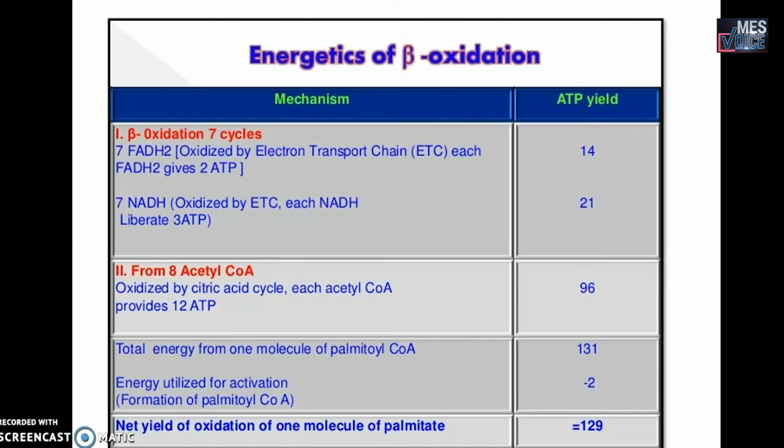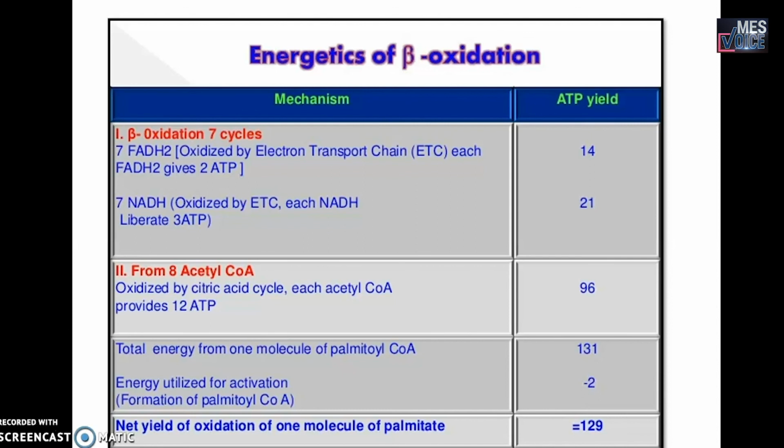So from 7 FADH2, a total of 14 ATP can be obtained. Also 7 NADH are formed, which also enter the electron transport chain. Each NADH can liberate 3 ATP. So in total 21 ATP can be formed from 7 NADH.